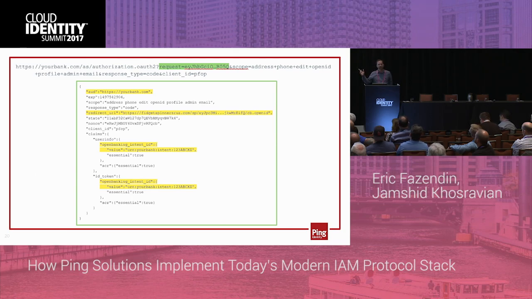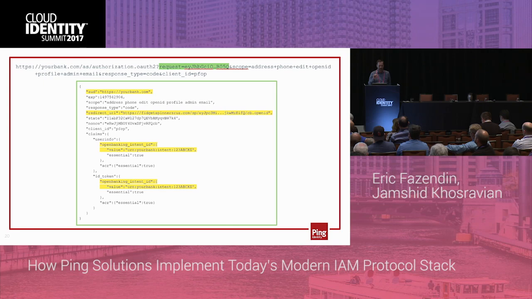Therefore, before this step, the merchant would call an open banking specific API to bootstrap this transaction to say, I have a user, they want to purchase something, and therefore they want to transfer this amount of funds over to their account.